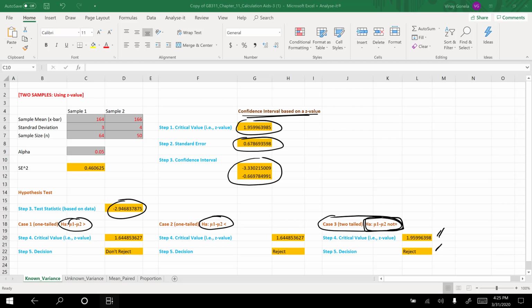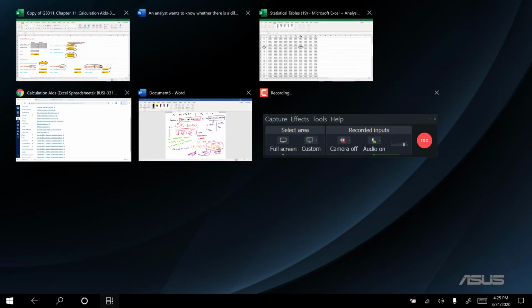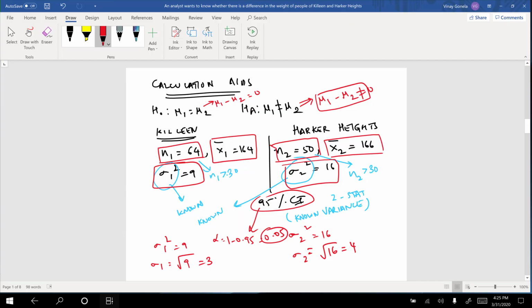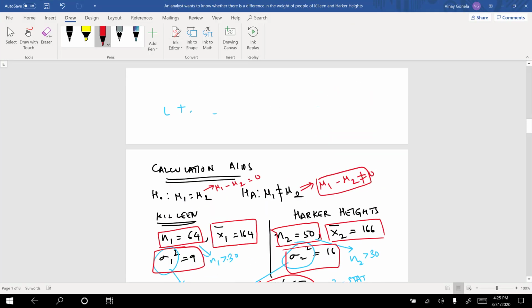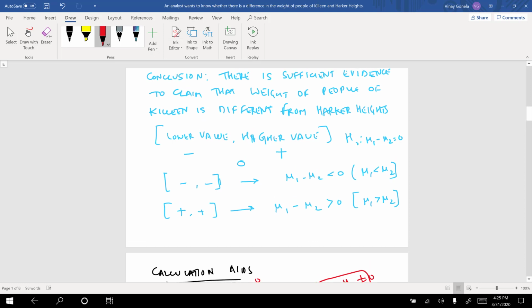So again I will write that here. The confidence interval I discussed here: negative 3.33 is our lower bound, and negative 0.669 is the upper bound.